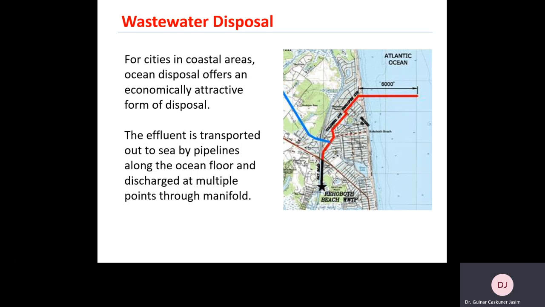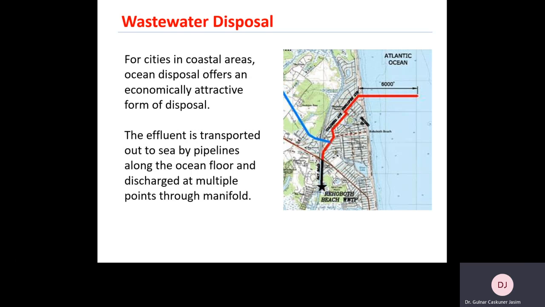For cities in coastal areas, ocean disposal offers an economically attractive form of disposal. So one preferred disposal is to discharge to the sea or ocean. The effluent is transported out to sea by pipelines along the ocean floor, which is called deep discharge. And discharge can be done at multiple points through a manifold.